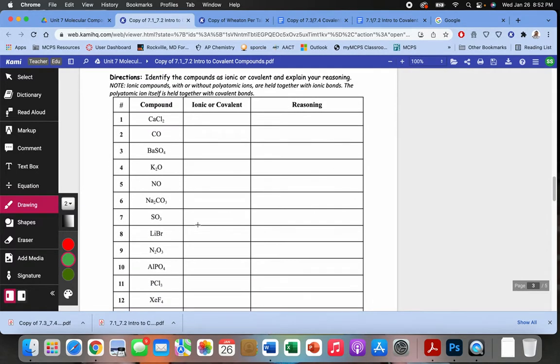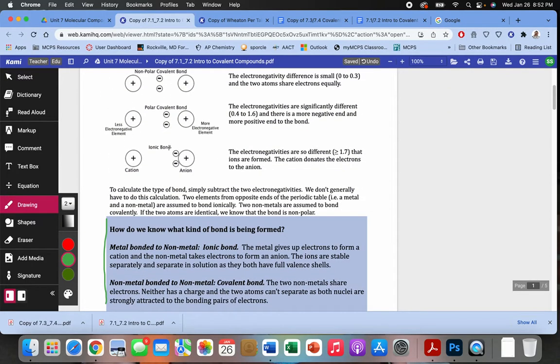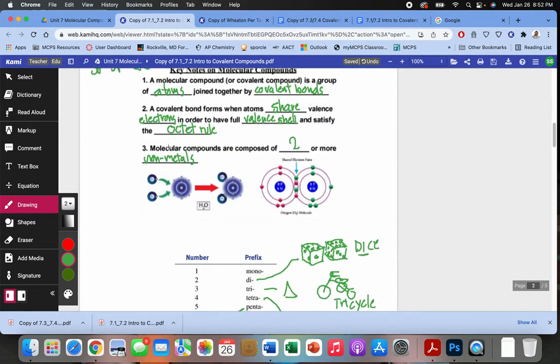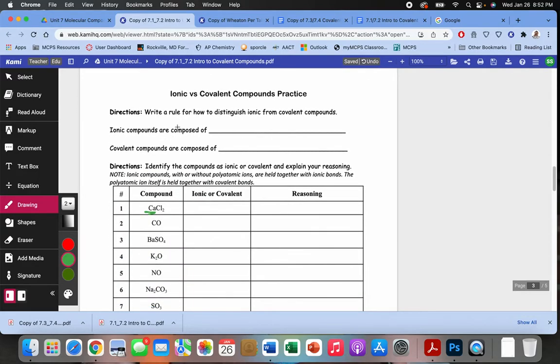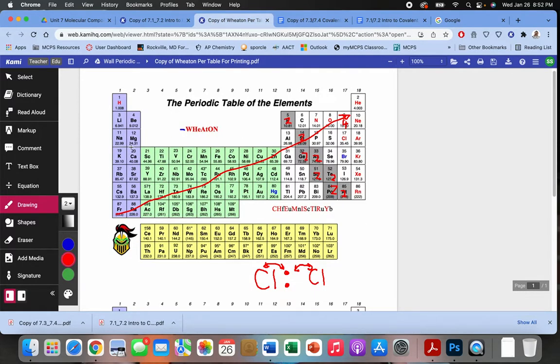And then we need to identify compounds that are either ionic or covalent. Well, you may or may not know the periodic table well enough to be able to pick things out, but calcium, it turns out, is at the left of the periodic table. Calcium is, oops, not on this chart. Calcium is over here. Here's calcium.